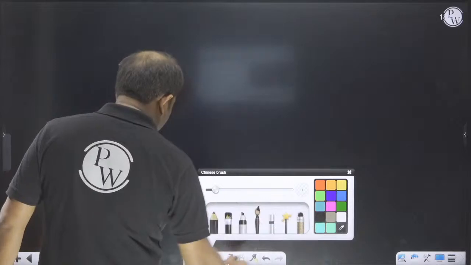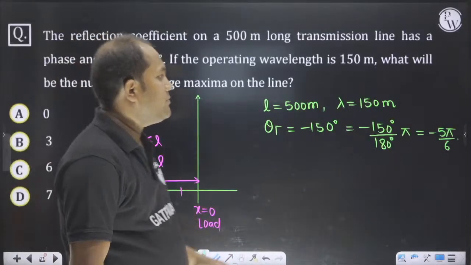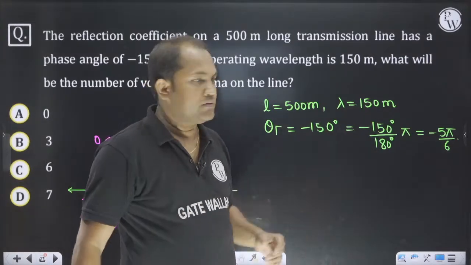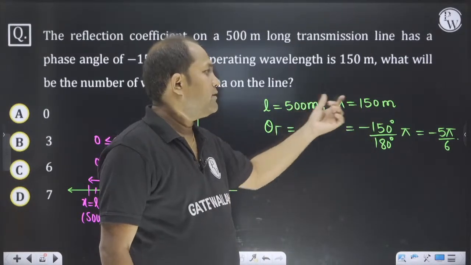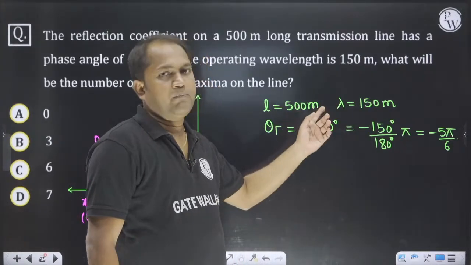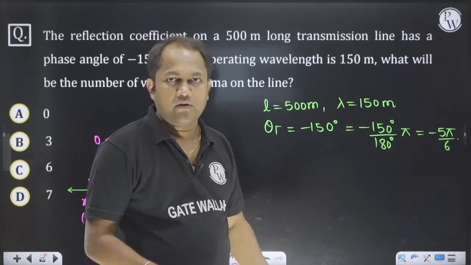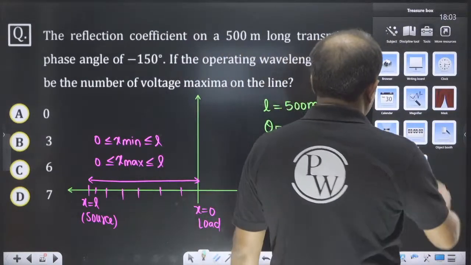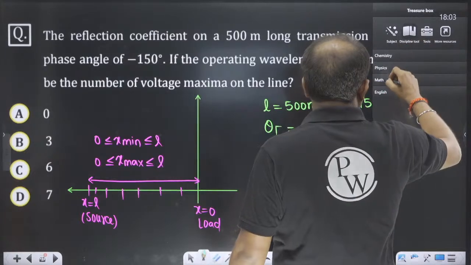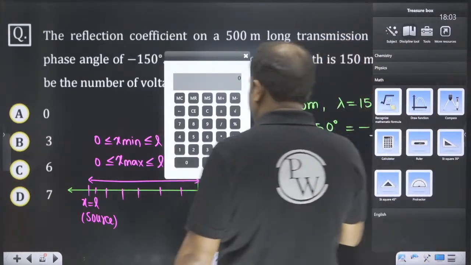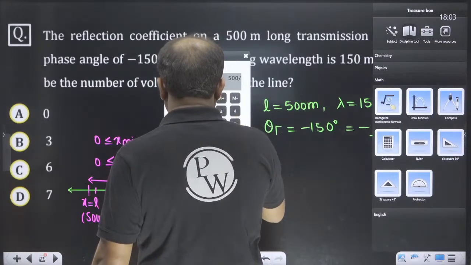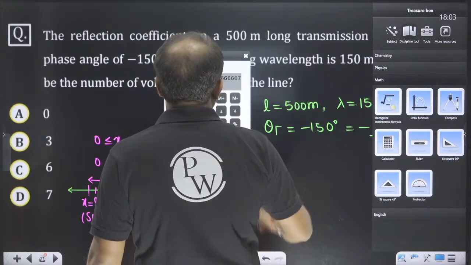We can easily calculate by dividing by lambda by 2. Many people do it like this: the spacing between maxima and minima is lambda by 2, which is 75, so 500 divided by 75 is 6.67.